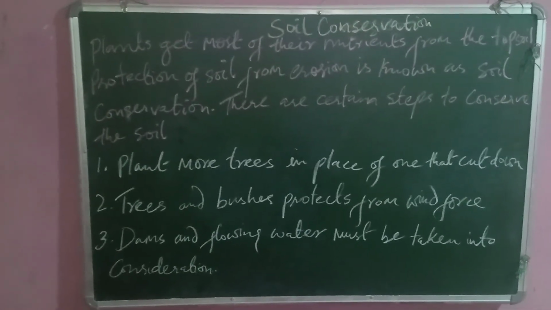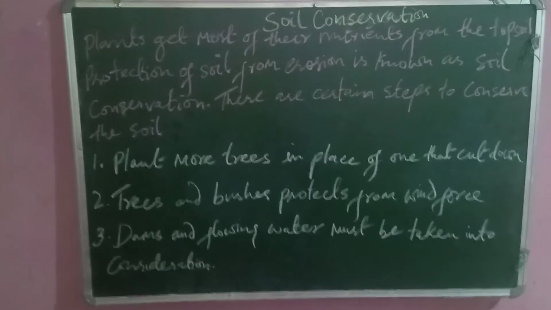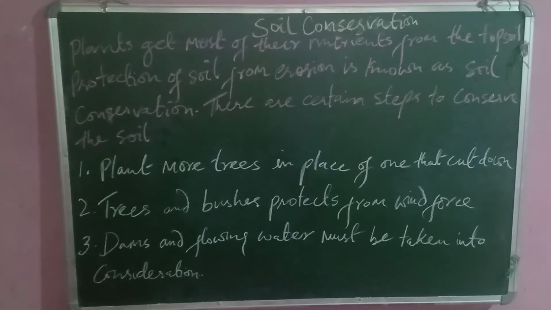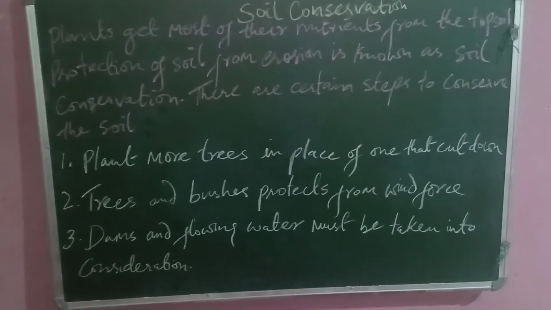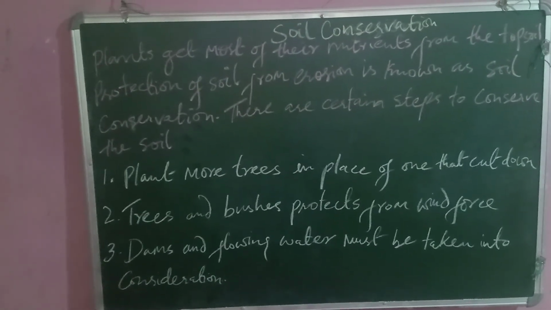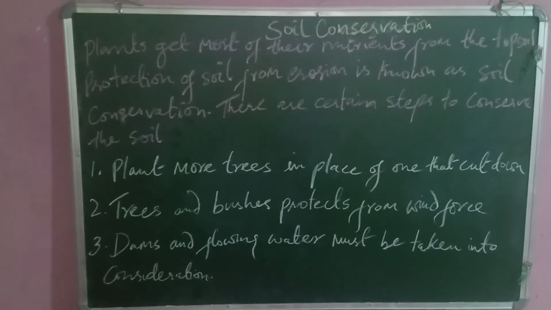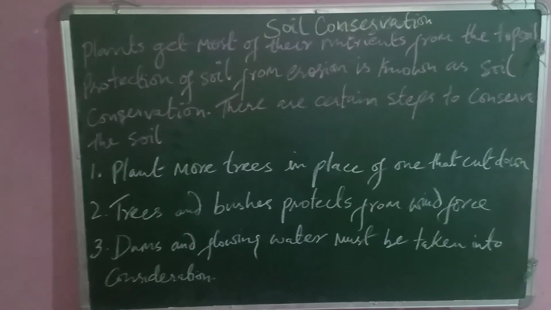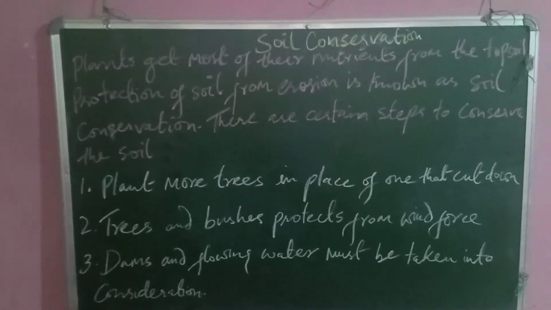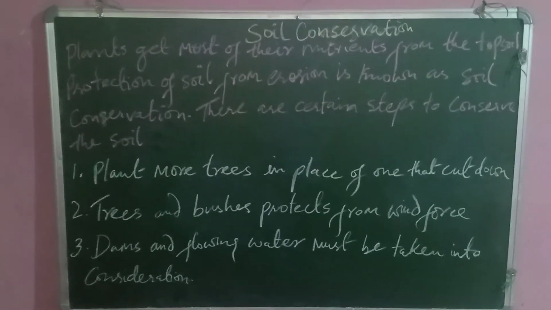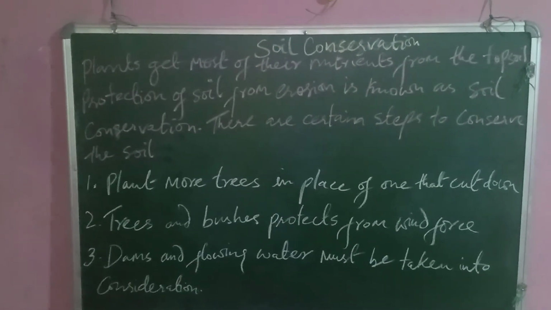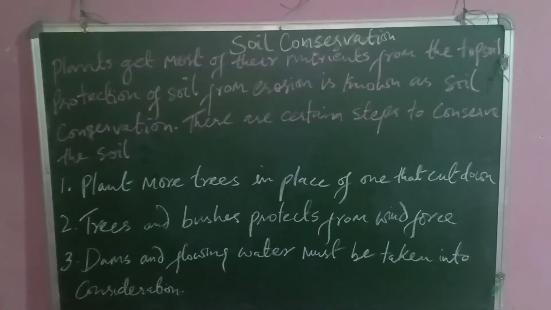So more plants should be planted in place of the trees that were cut down, and trees and bushes should also be planted in open lands to protect from wind. And dams must be built to prevent floods and water flow, to protect the plants.